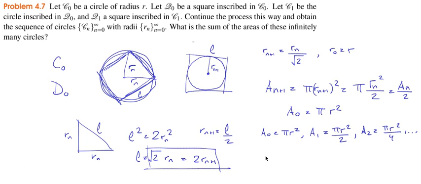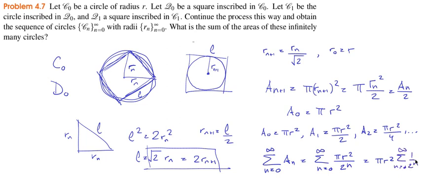So the sum from n equals 0 to infinity of a sub n, the areas, it's easy to see that this is pi r squared over 2 to the n. So this is pi r squared times the sum from n equals 0 to infinity of 1 over 2^n. This is the geometric series with ratio 1/2, so it is convergent, and we know that the value is 2.